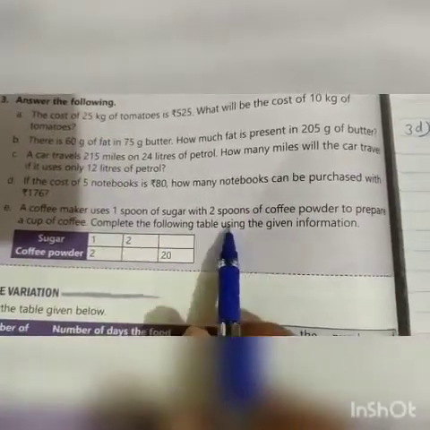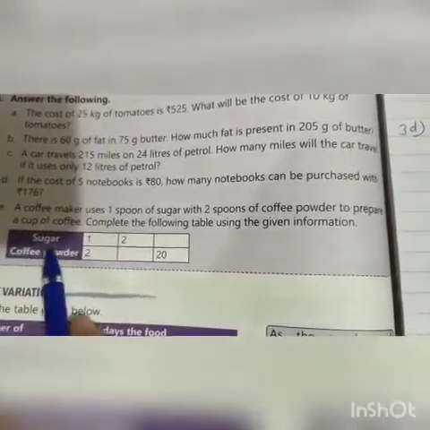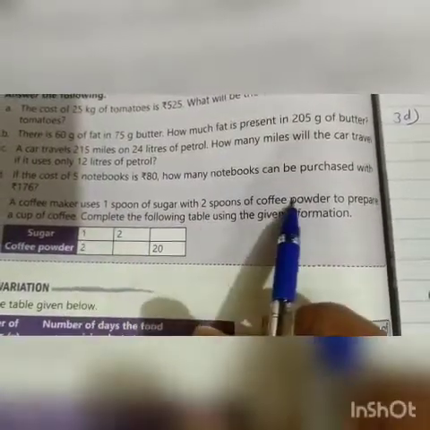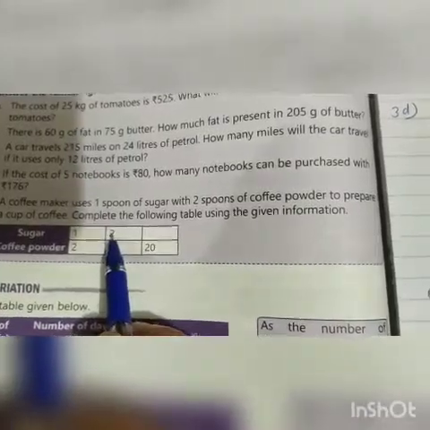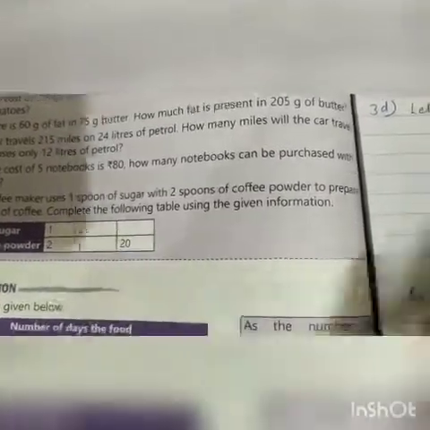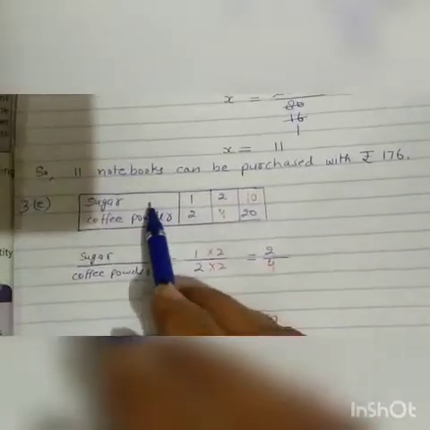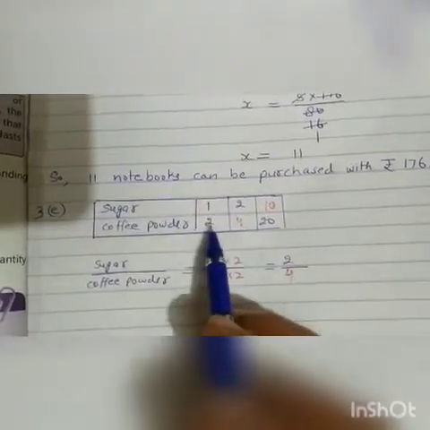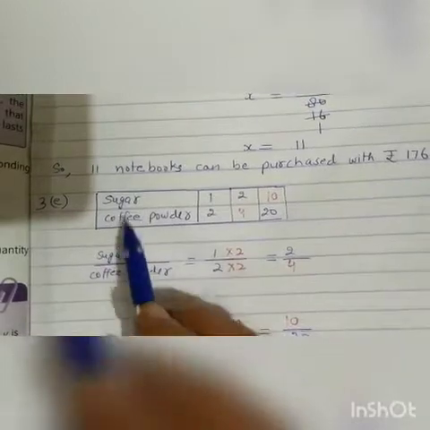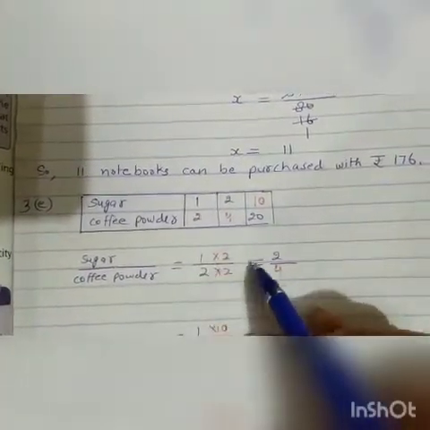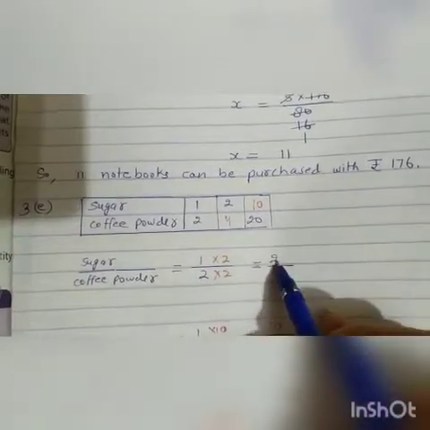Now complete the table using the given information. These two quantities are given. So we will do it like this. We will write sugar upon coffee powder is equal to 1 upon 2 is equal to this.